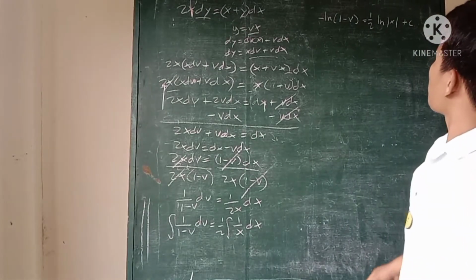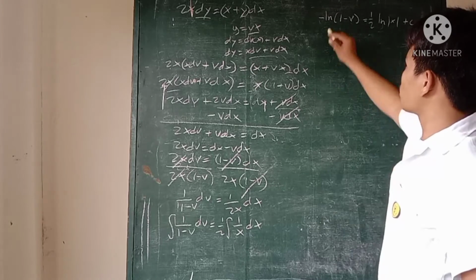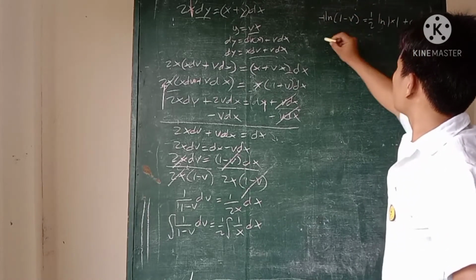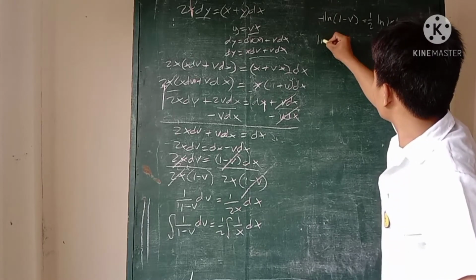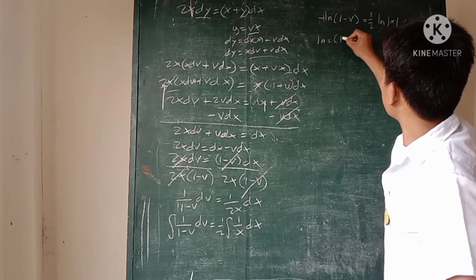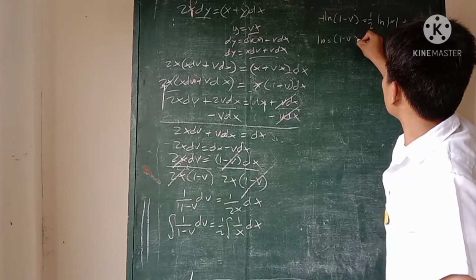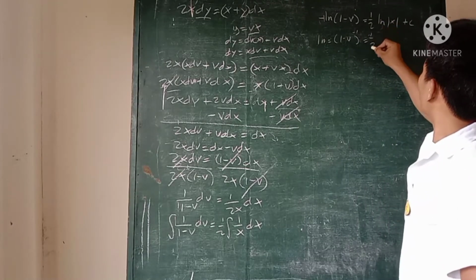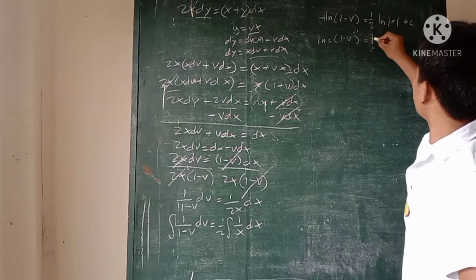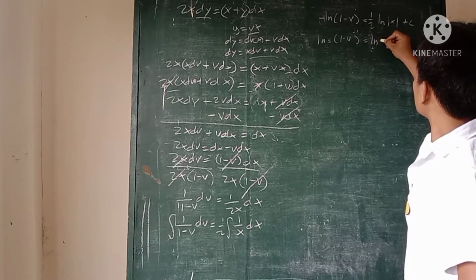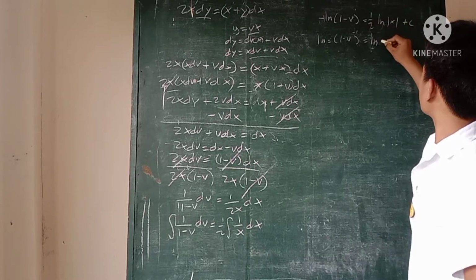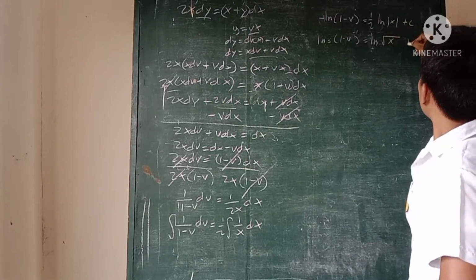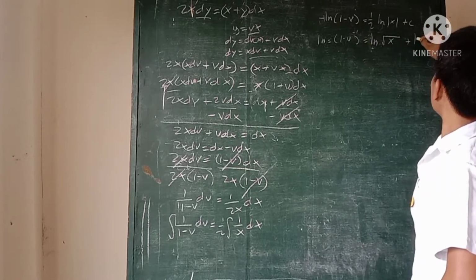So we can also change this negative 1 into an exponent. So ln of 1 minus v to the exponent -1 equals 1/2 ln, so the x becomes the square root of x, plus ln c.